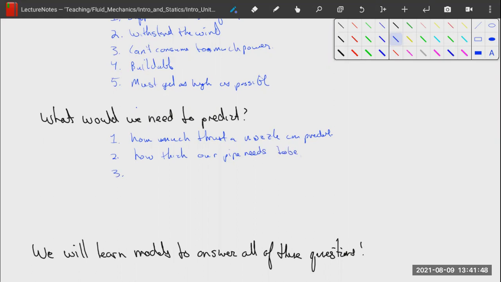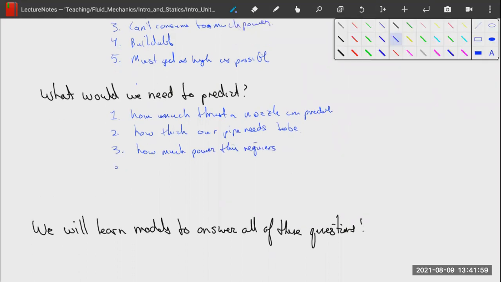We can calculate how much power this requires. And we can calculate what the drag force on this tower is from a given wind, right?